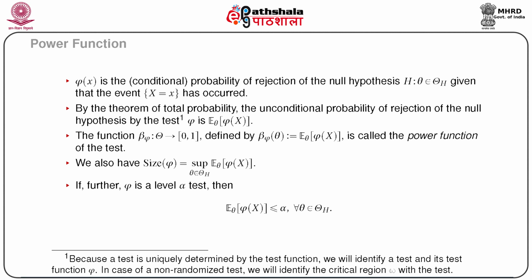Phi is a level alpha test if the expectation under theta of phi(X) is less than or equal to alpha for all theta belongs to script Theta_H. And if it is a size alpha test, then the supremum over theta belongs to script Theta_H of the expectation of phi(X) under theta equals alpha.